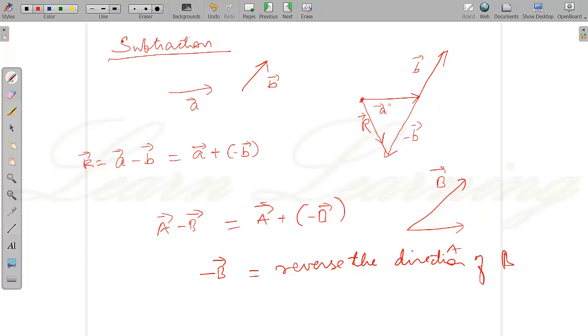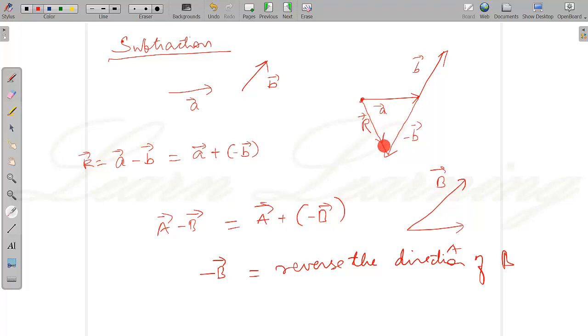So this is your A vector and this is your B vector. If you want to find A minus B, you simply do A vector plus minus of B vector. If this is B vector, the opposite direction will be minus of B vector. So you go from here to here and here to here.